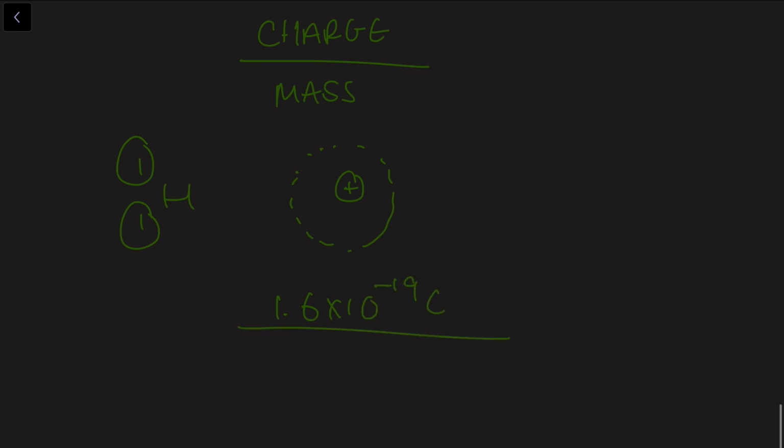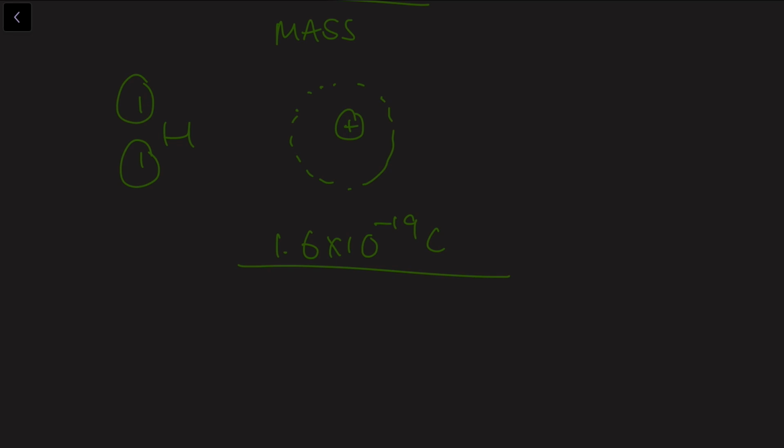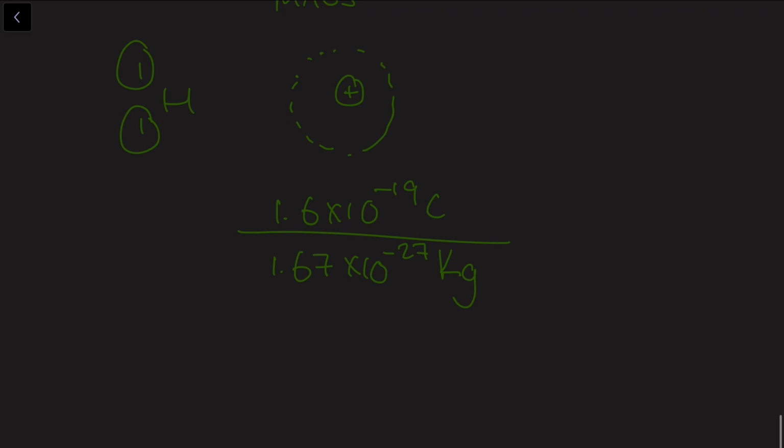Now, I didn't talk about mass, but the actual mass of a proton is 1.67 times 10 to the minus 27 kilograms. So this is important to remember. And the actual specific charge of this is 9.58 times 10 to the power of 7 coulombs per kilogram. Now, if you got confused at all with the units, you can see them here.